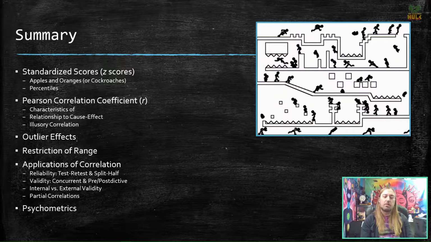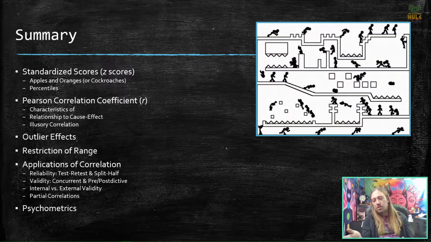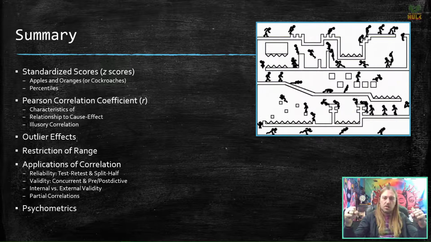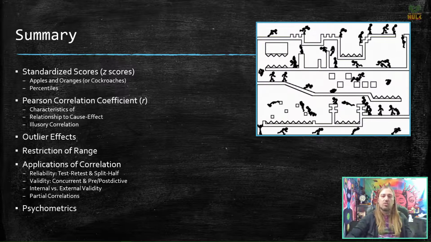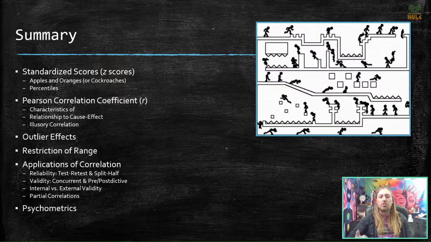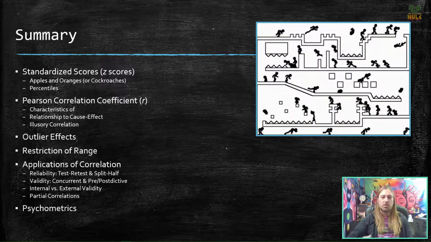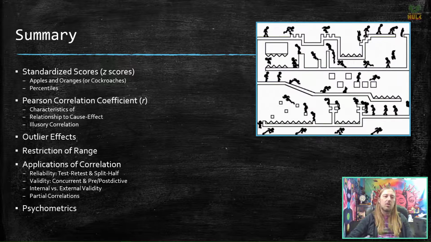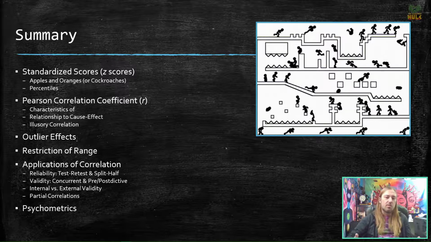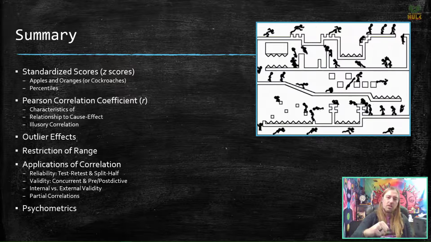We then talked about the Pearson correlation coefficient and how to use it, the basic characteristics of it, -1 to +1, the degree to which the extreme value being -1 or +1 represents the strength of that correlation, as well as relationships to cause and effect or lack thereof. Illusory correlations. We even talked about measures of effect size or proportion of variance accounted for, some outlier effects. We talked about restriction of range, and lastly, we wrapped up here talking about reliability and validity, and my little plug for psychometrics.